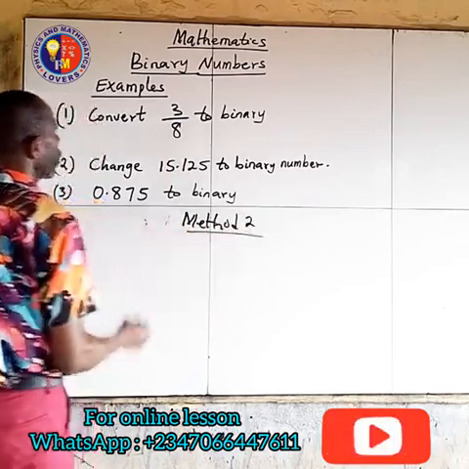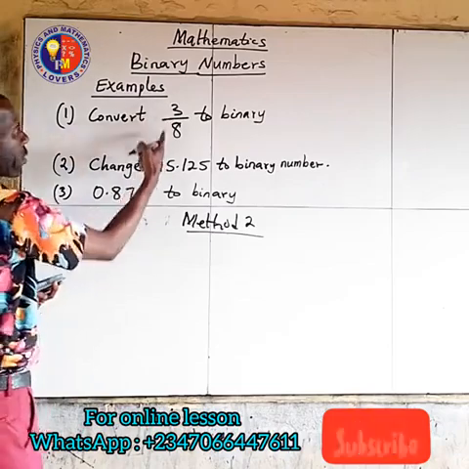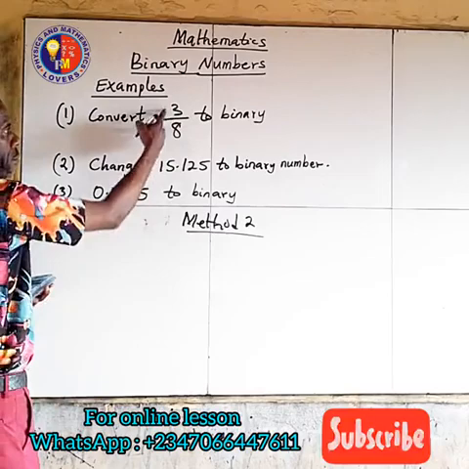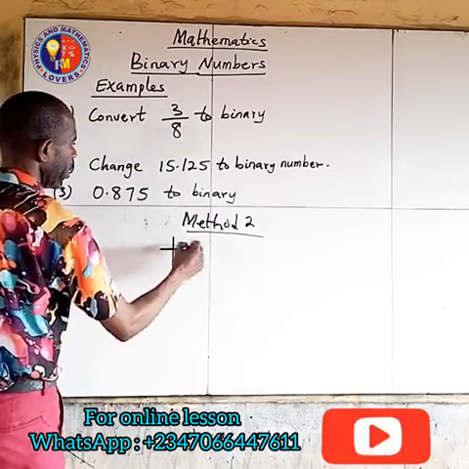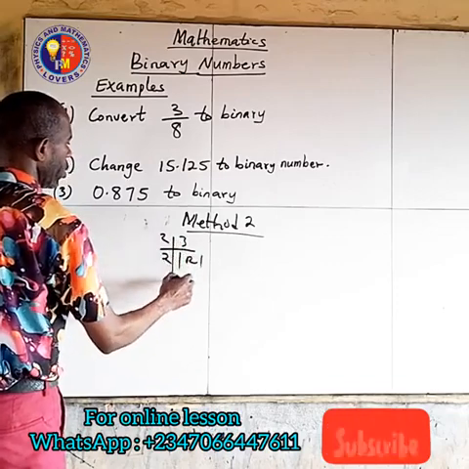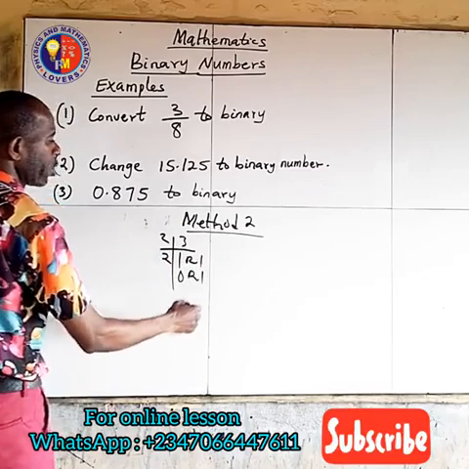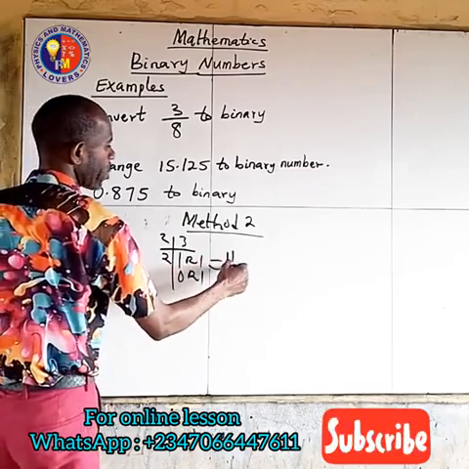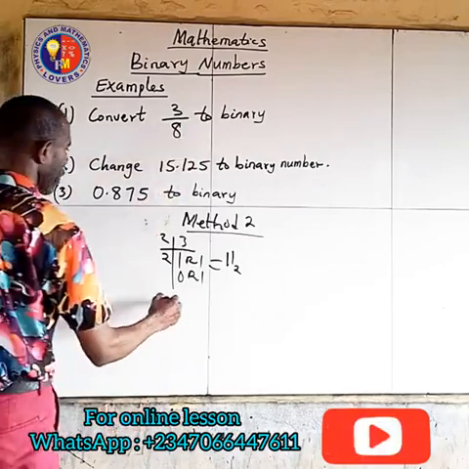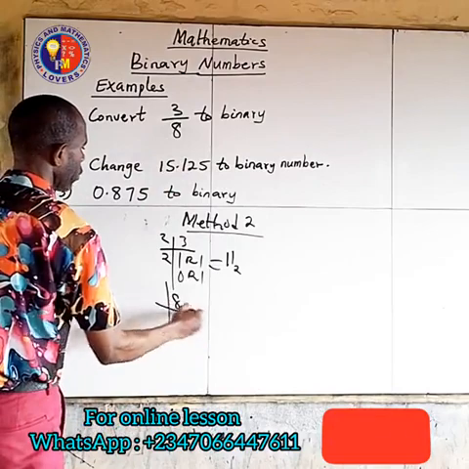Method 2 is this. I will just convert everything to binary. We have 3 divided by 2: we have 1, remainder 1. 2 again: we have 0, remainder 1. Which means we have 11 base 2. Then let us also convert 8 to base 2.